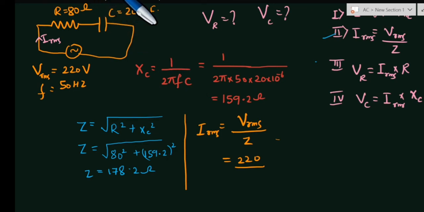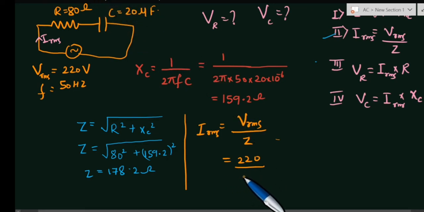So if you do this, the value of Irms comes out to be 1.23 amps. So this is the second step, and coming to the third and fourth step, that is VR and VC.